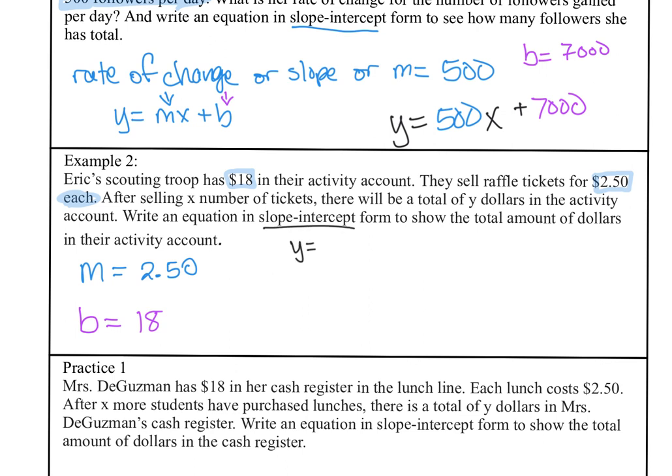Y equals, what is it, guys? Good, mx plus b. Now let's substitute everything in. So y equals 2.50x plus, how much do they start with? You got it. Good job.